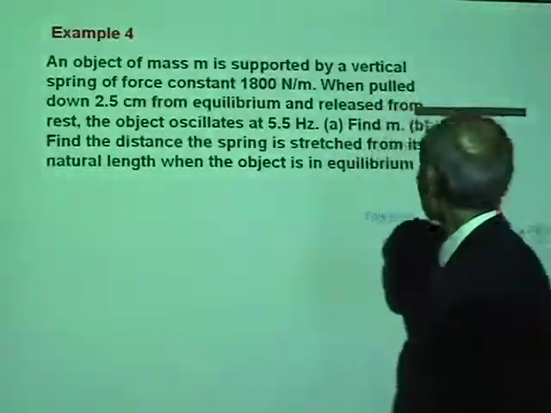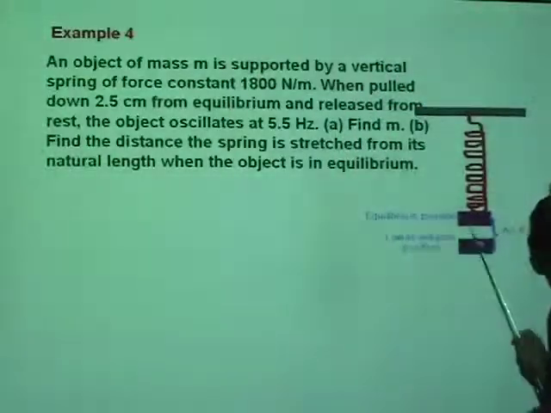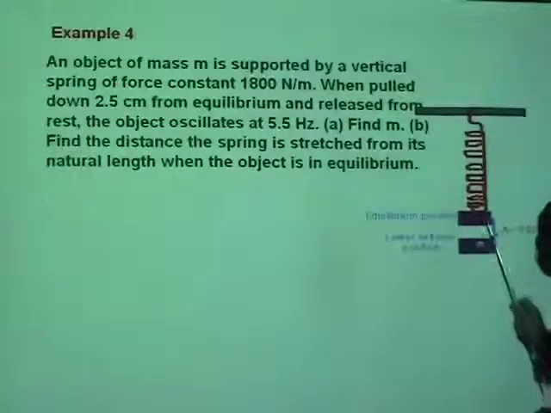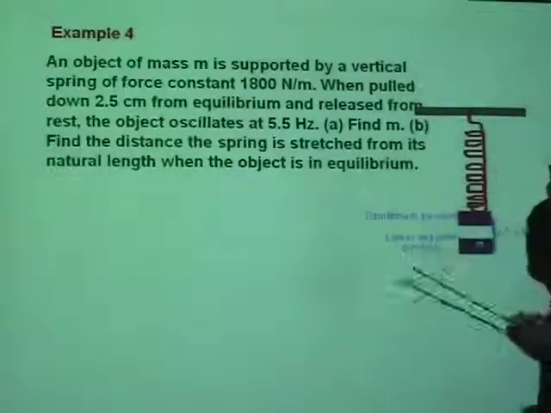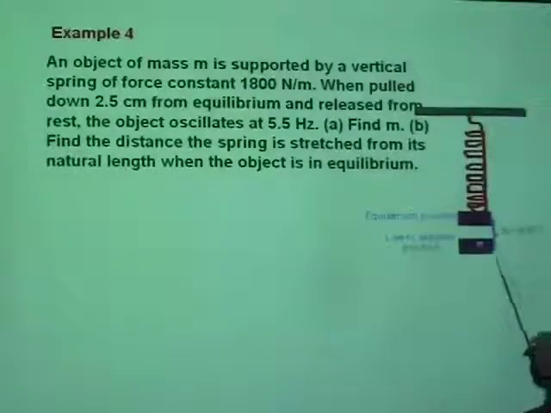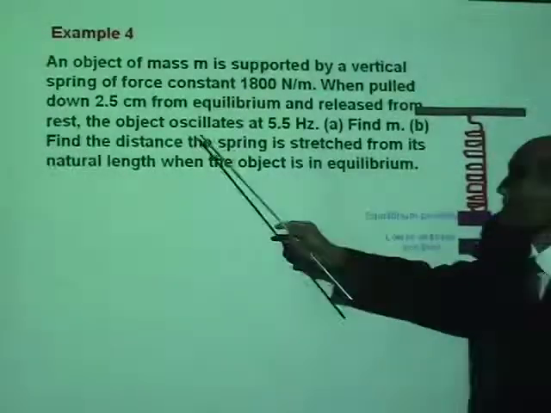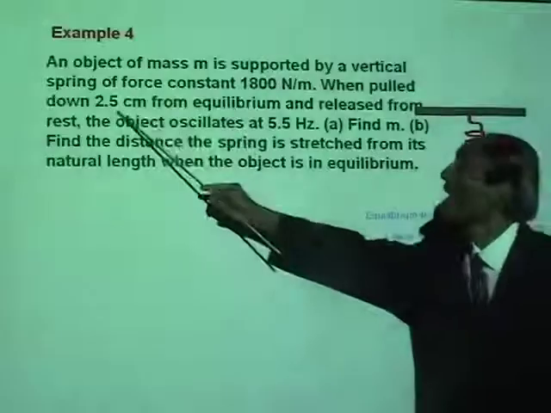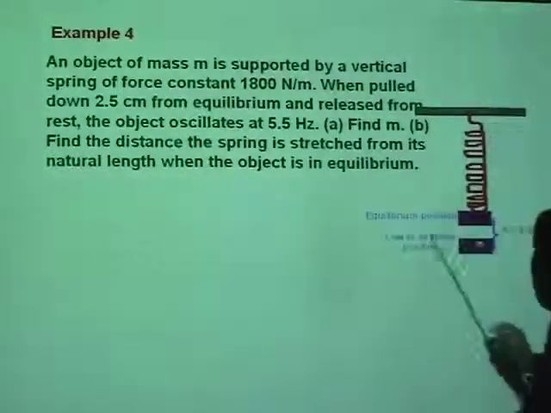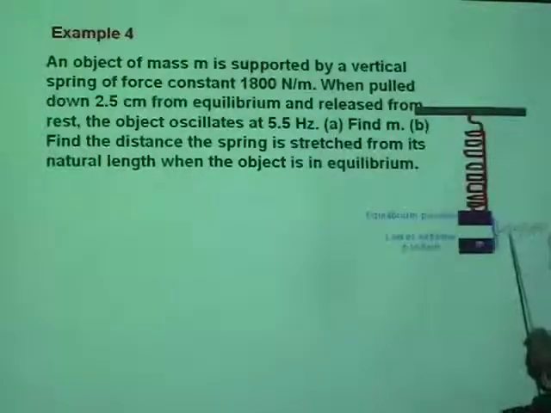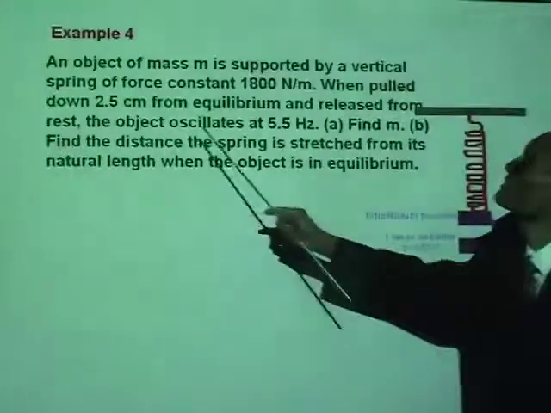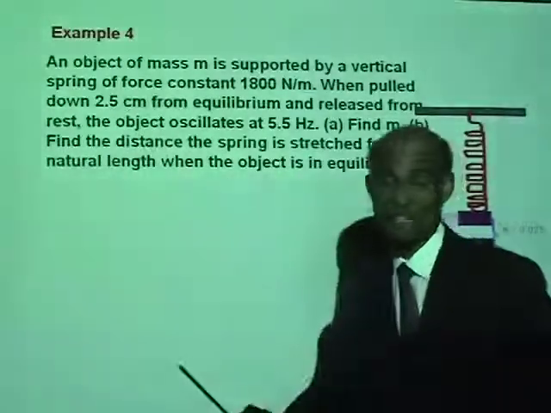Okay, this is the situation, this is the equilibrium position, that means the natural length will be somewhere there. This is the lower extreme, and the object is pulled down 2.5 centimeter, means the amplitude of vibration will be 0.025. Do you understand that?